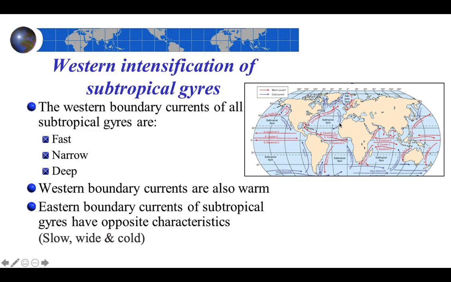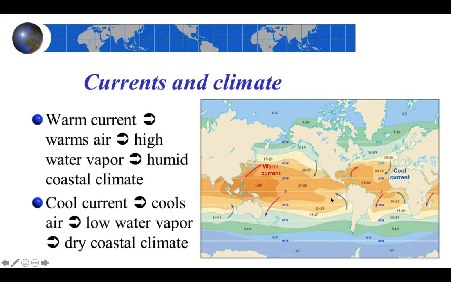The eastern boundary currents are cold, and here is the Canary Current, which is very cold and very wide, and it basically affects the temperatures and the climate in southern Spain, in the Iberian Peninsula, and northwestern Africa. So these currents strongly affect the climatic patterns in the adjacent surrounding continents.